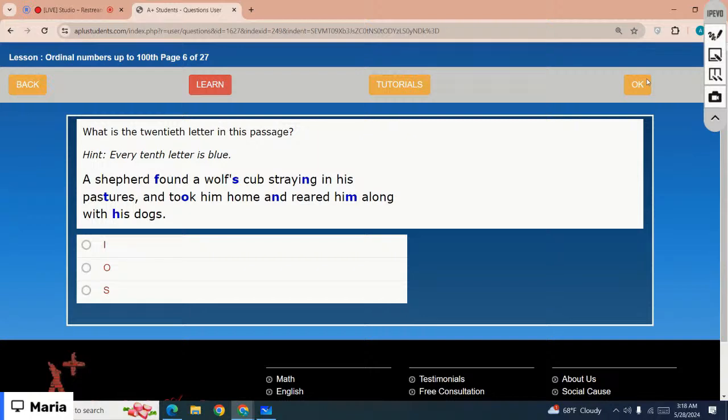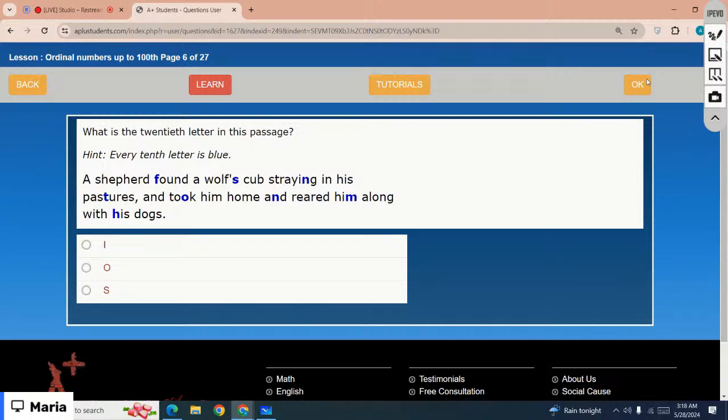What is the 20th letter in the passage? Twentieth letter.